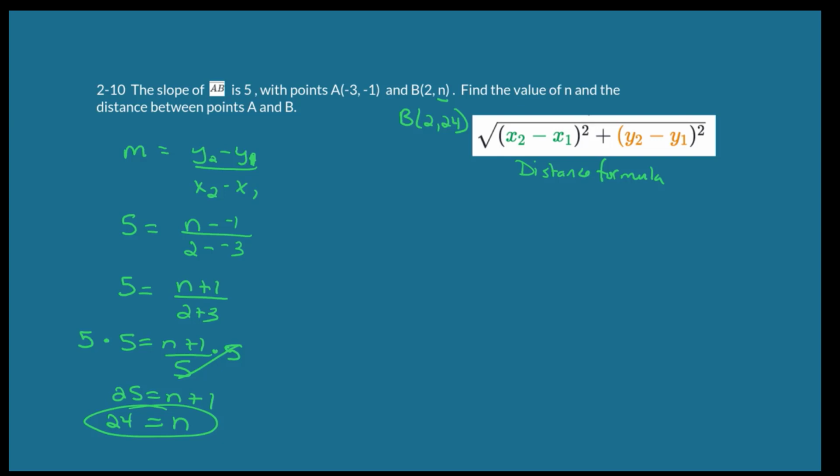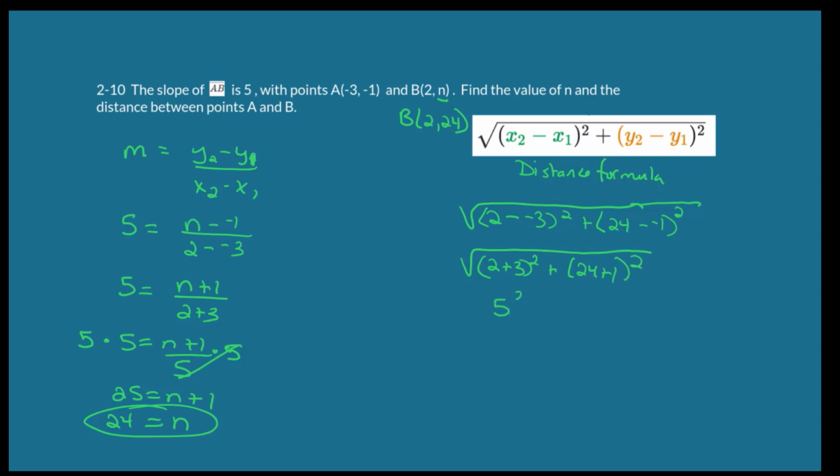Okay, so what we do with this distance formula is we actually plug in the values that we have. So I'm going to go ahead and start by plugging in. We have x2, which is 2, minus x1, which is negative 3, squared, plus our y2, which we now know is 24, minus our y1, which is negative 1, squared. So we're going to have 2 plus 3 squared plus 24 plus 1 squared.